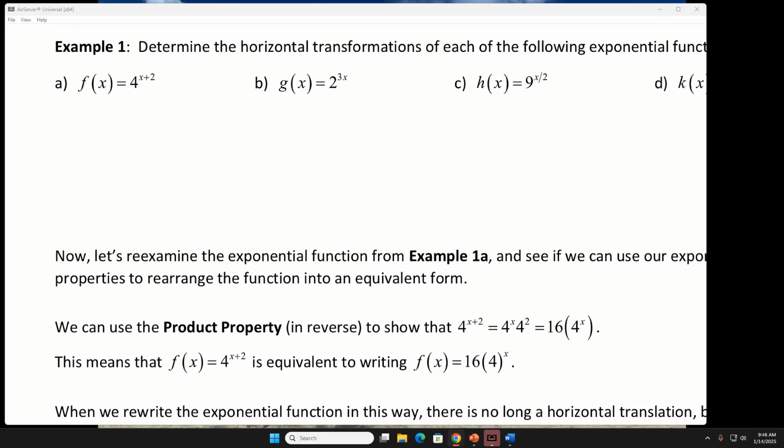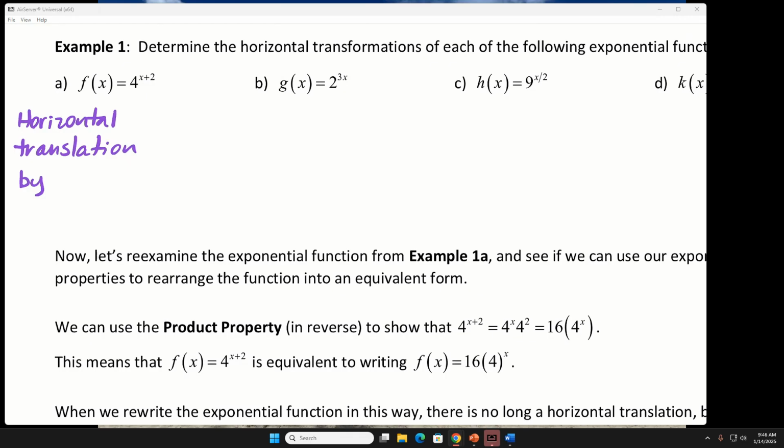Unfortunately, we don't use normal words in here on this particular topic. So what you would actually need to say or match it with is that it's a horizontal translation. And then you have to describe the units for shifting left.